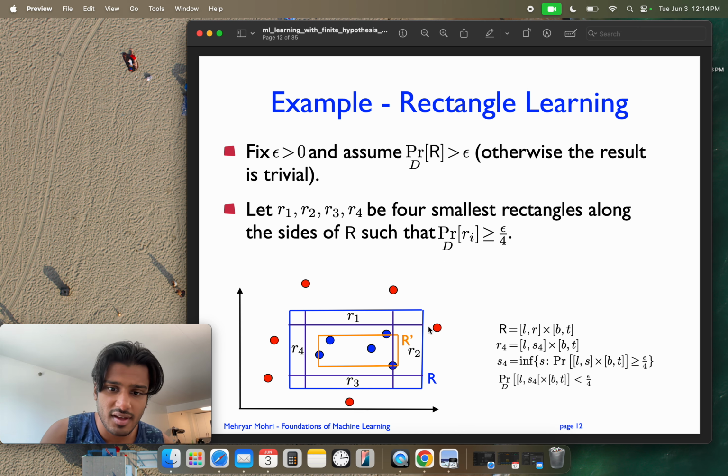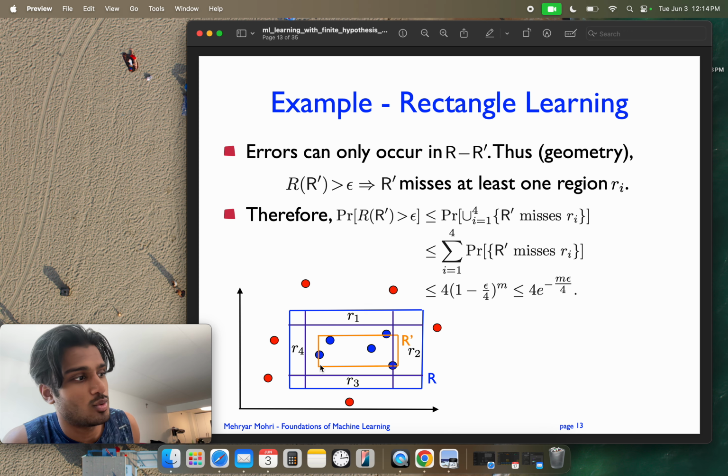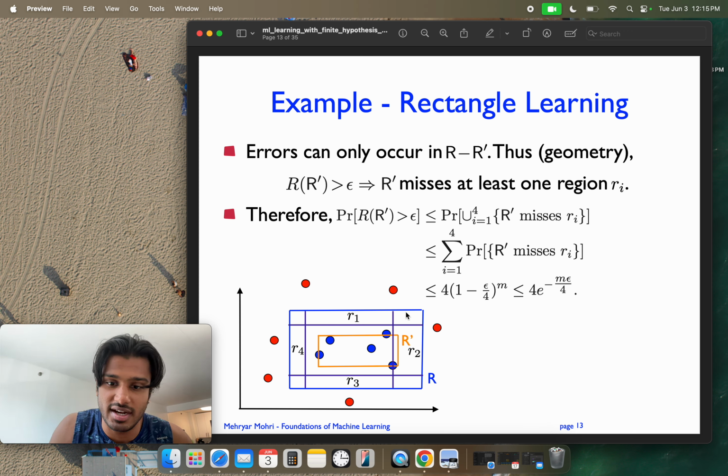So if I give you a tight rectangle R prime, the errors can only occur in regions which are outside of R prime, I'm sorry, but inside R. Because what happens is everything which is outside R is also outside R prime, because R prime is inside R. So whatever is outside R is of label 0, and R prime will also give it as label 0.